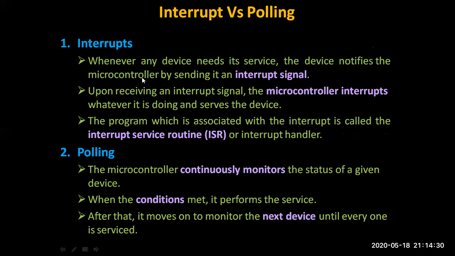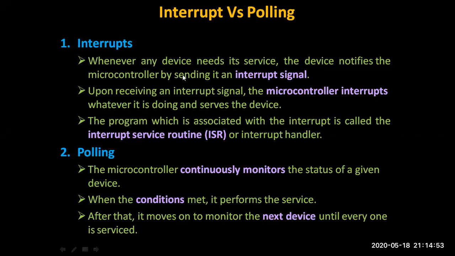Whenever any device needs its service, the device notifies the microcontroller by sending an interrupt. Suppose, for example, a keyboard needs a service. The keyboard will send a signal to the microcontroller for serving that interrupt.